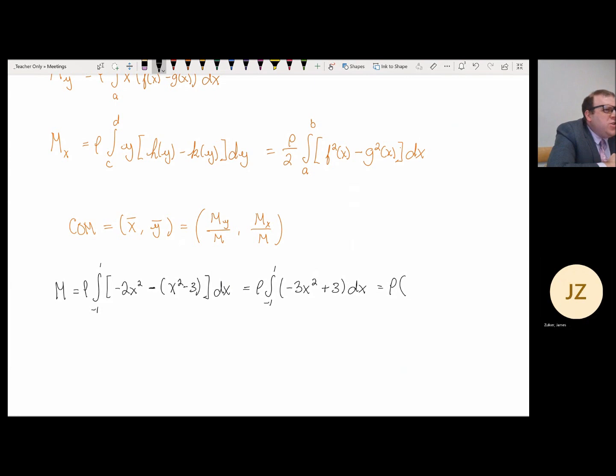That'll be negative x cubed plus 3x evaluated from -1 to 1. That's just what, 2, plus 3 times 1?